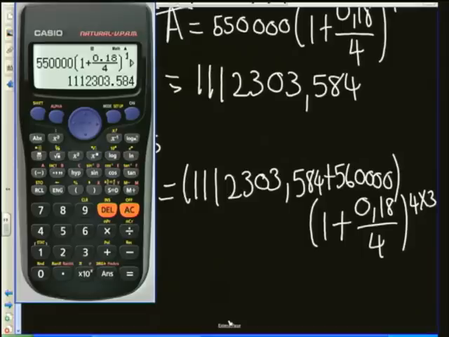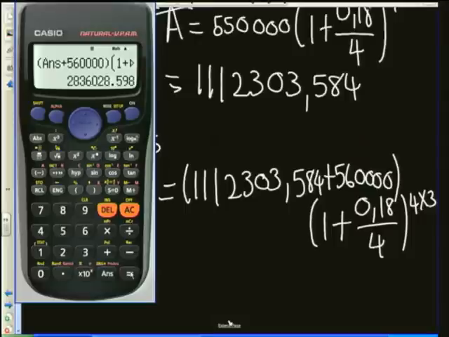Let's use our answer and add 560,000, because this should all be in a bracket. This is my value of P. Then another bracket: 1 plus 0.18 all over 4, to the power of 4 times 3, which is 12. And that is how much she has to pay at the end of the 7 years.